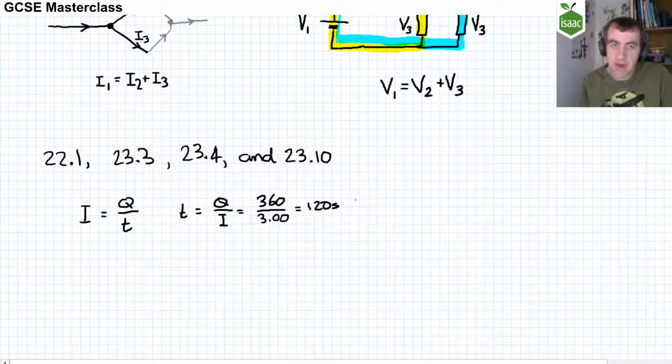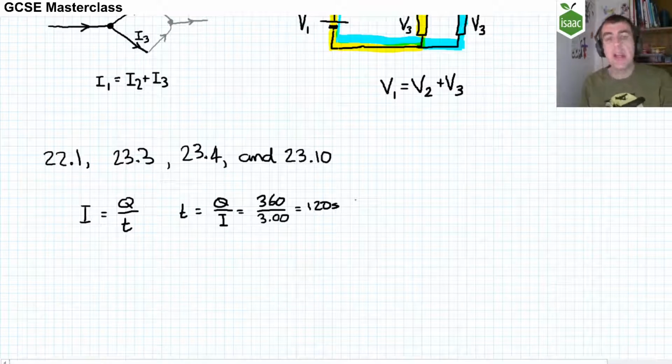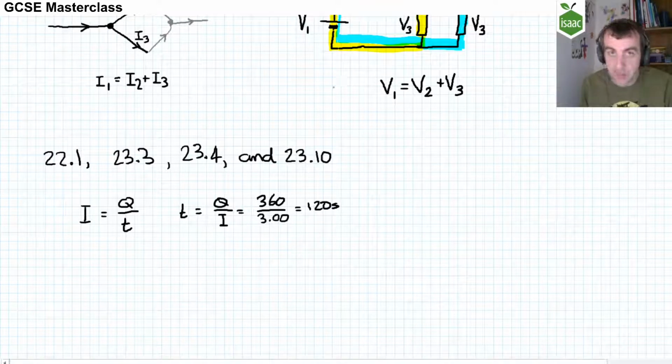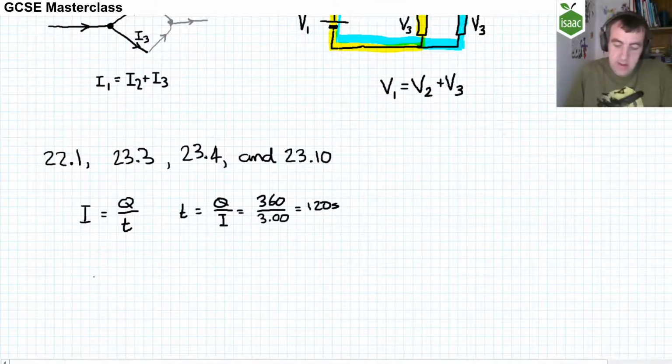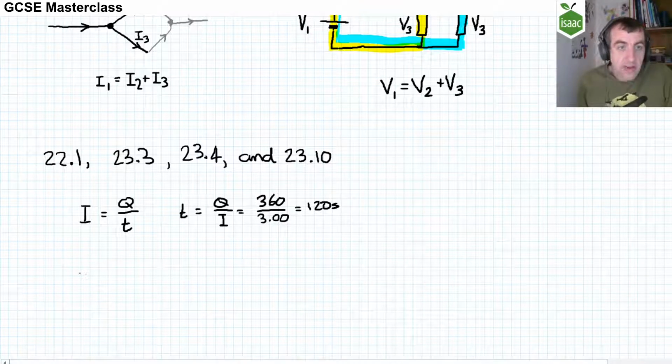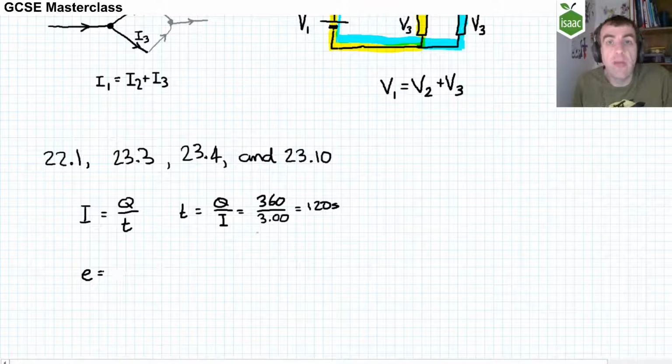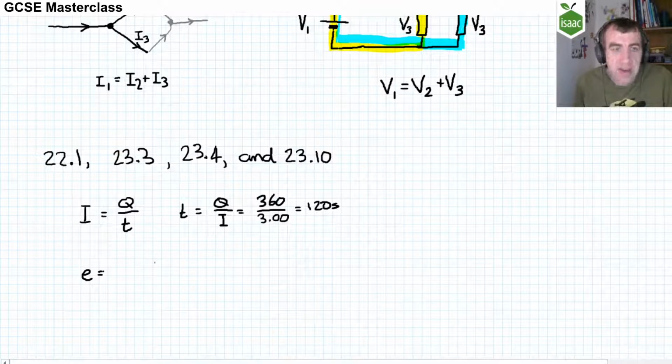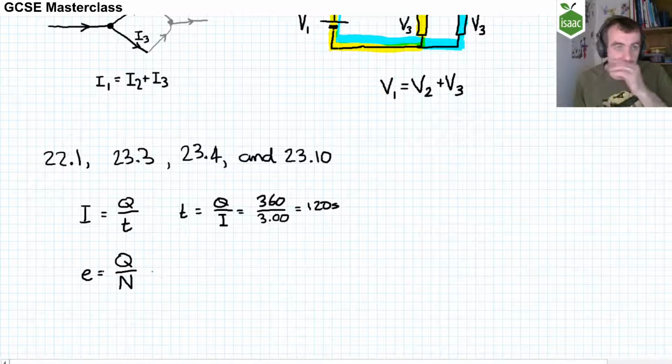Now the second part of that question was asking how many electrons flow in that amount of time. We need an equation here that is not given to you, an equation that you have to conjure up from your own mind. The charge of each electron is equal to the total charge that flows divided by the number of electrons that flow.